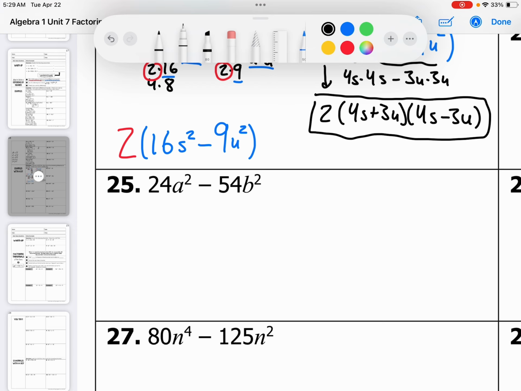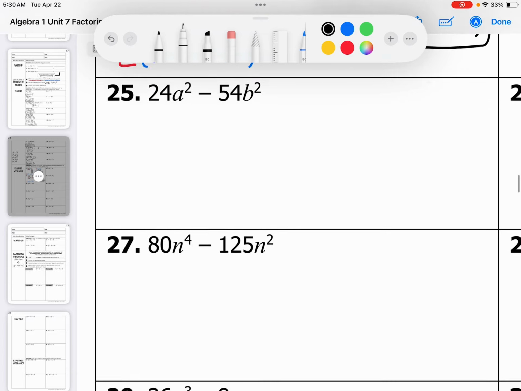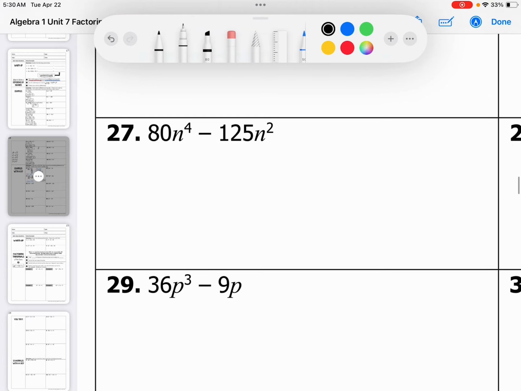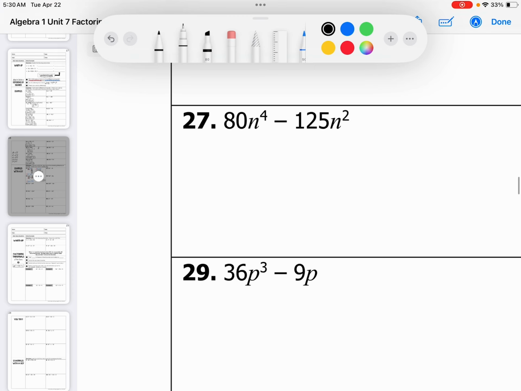Okay, I'm going to skip number 25 and go down to number 27. So same thing, we're going to be breaking these down. 80 would be 1 times 80, 2 times 40, 4 times 20, 5 times 16, or 8 times 10.